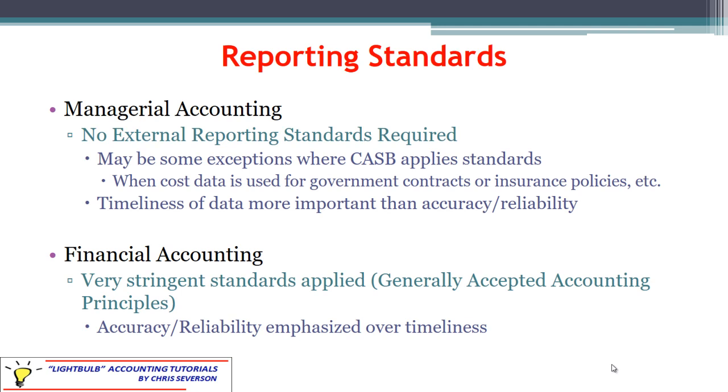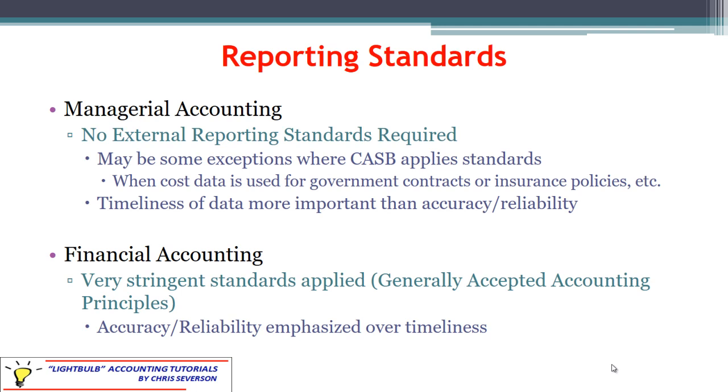Now, there are some exceptions to managerial accounting not requiring reporting standards. There's a board known as the CASB, the Cost Accounting Standards Board. And I guess that's another good point. When we talk about managerial accounting, we often get into the area of cost accounting as well. The two somewhat go hand in hand because we're talking about inventory, costs of overhead, all of that.